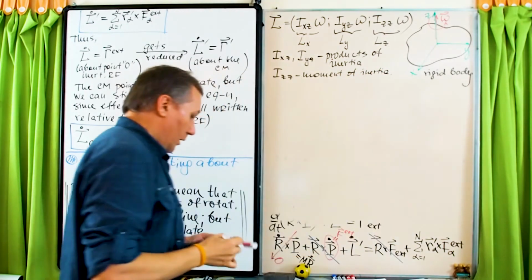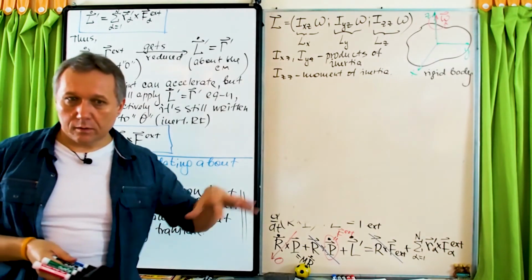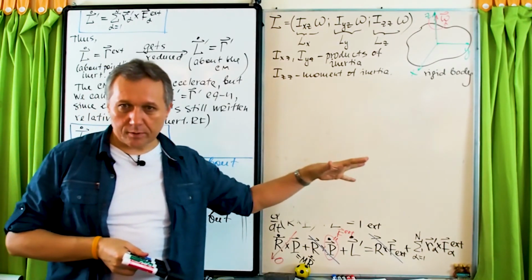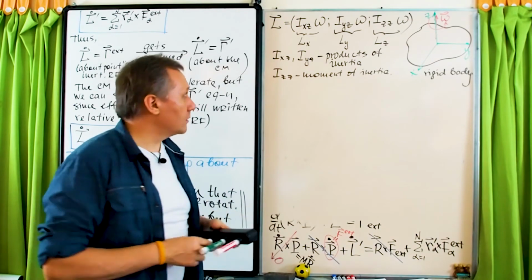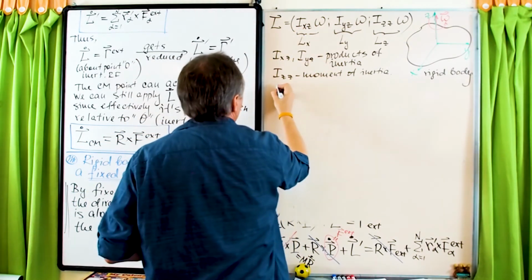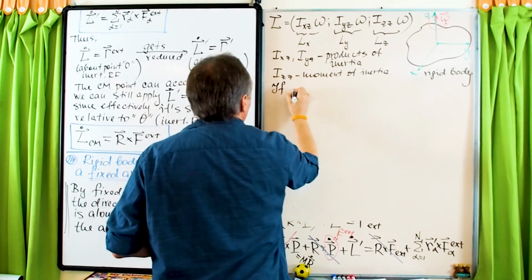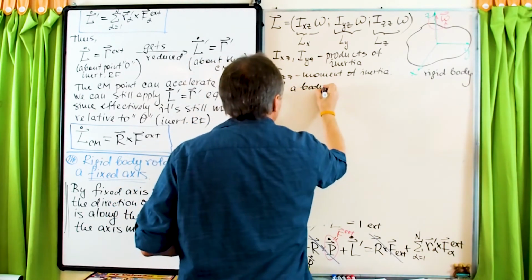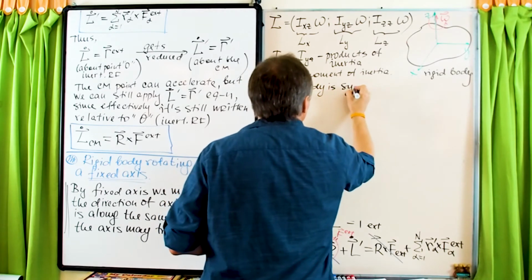Right. And of course, if a body is symmetrical relative to the z-axis, then of course these Ixz and Iyz will be zero.